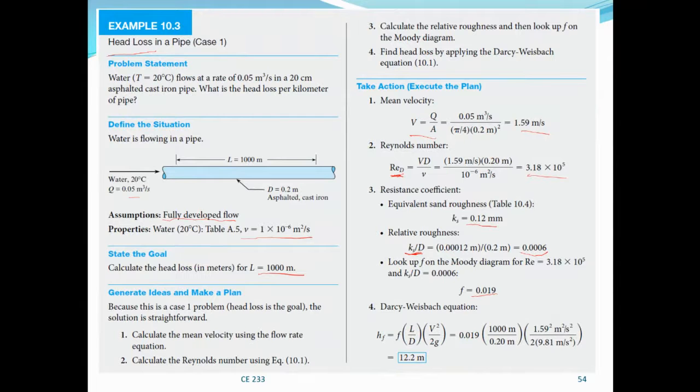0.019. And then we use the Darcy-Weisbach equation to find the head loss, because the problem is asking us to find the head loss per kilometer. We use Darcy-Weisbach because it is definitely turbulent flow.